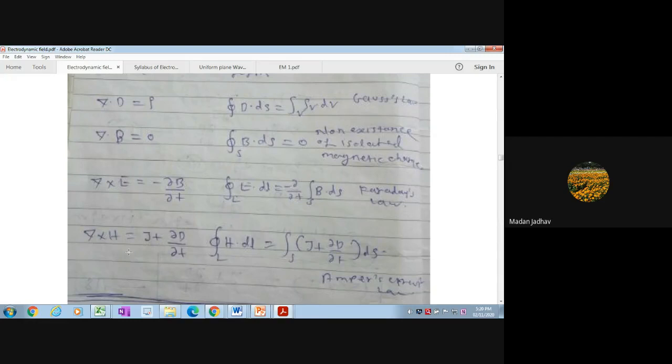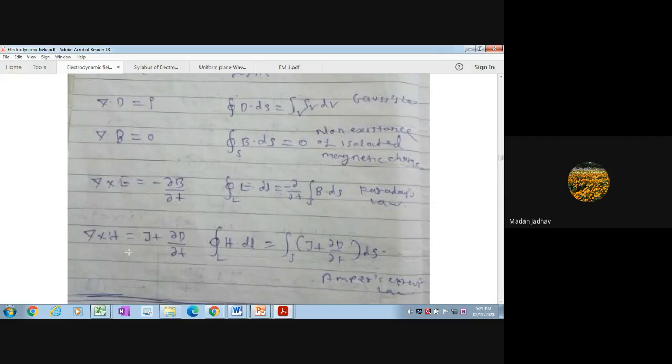For the time varying field, one more term is added. That term is called the displacement current density. This displacement current density is added by Maxwell, and this is called the modified Ampere circuital law for the time varying field.